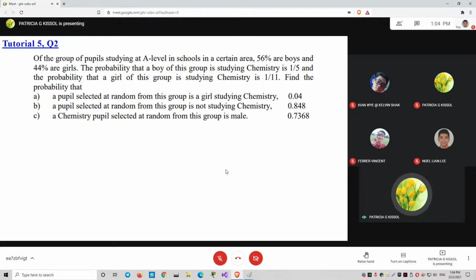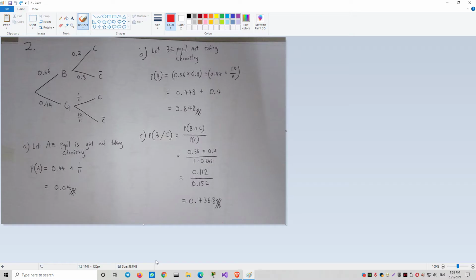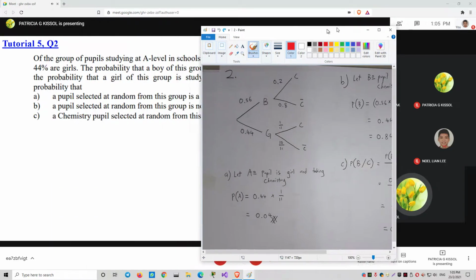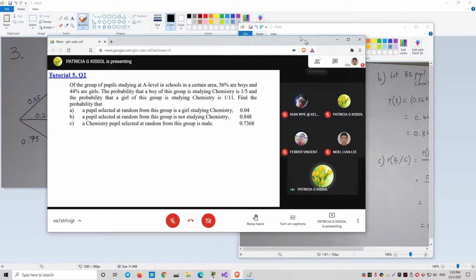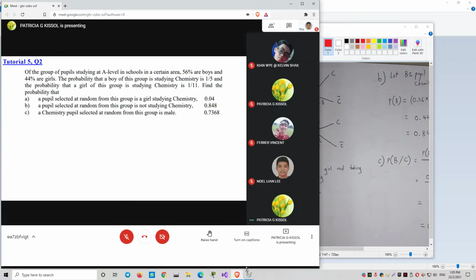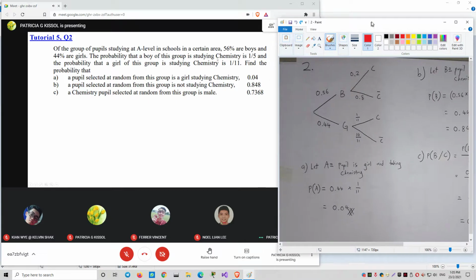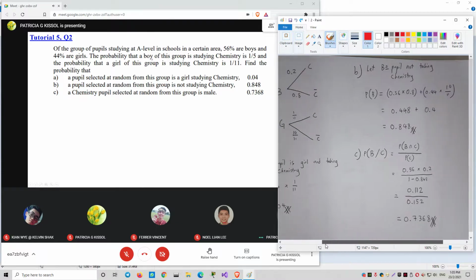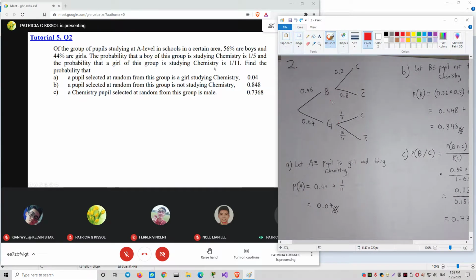Now, this is about a group of students studying levels in school in a certain area, and it's divided based on gender. We have 56% boys and 44% girls. Another piece of information is that 1/5, or rather 20%, of the boys are studying chemistry, and 1/11 of the girls are studying chemistry.